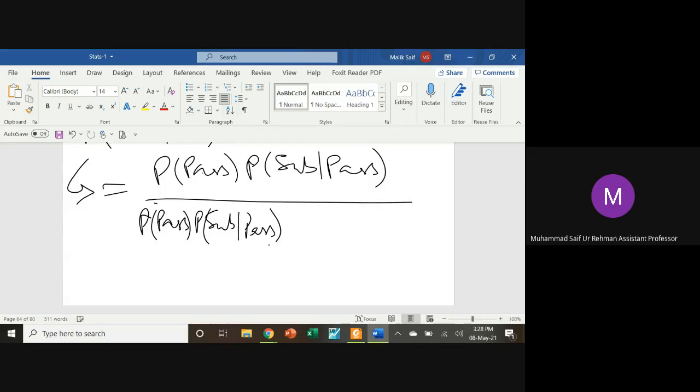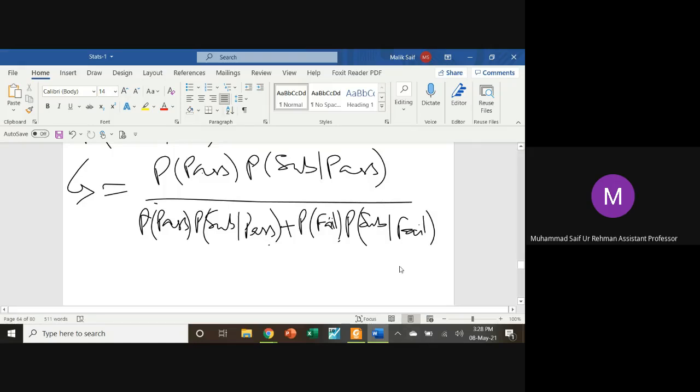Now see what is the other possibility against pass, that is fail. So write down over here probability of fail. This is the other possibility, fail, and multiply this with probability of summation. This will remain the same, summation, but this will change: when pass, then fail, given fail.